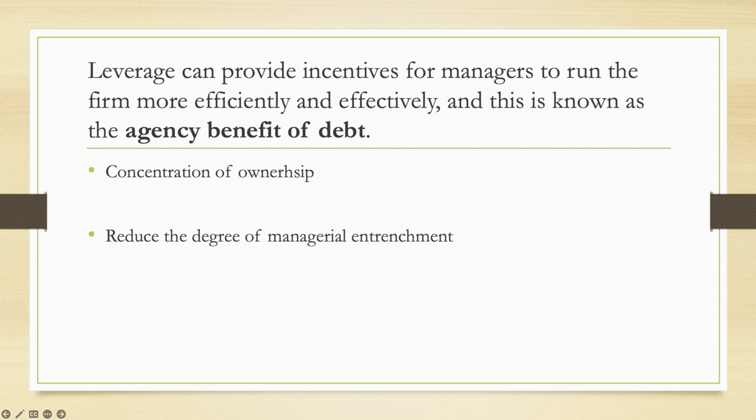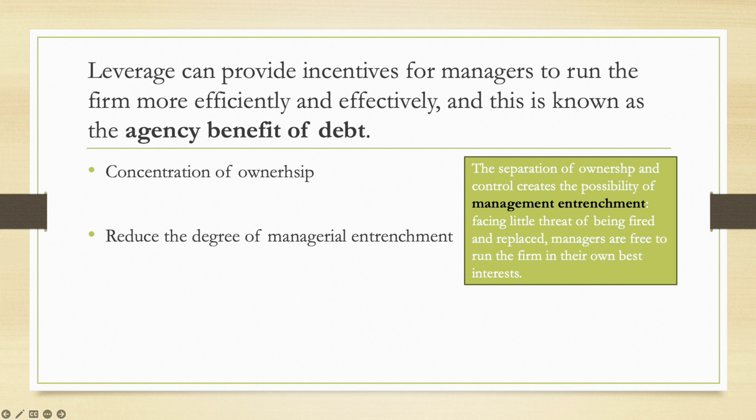Benefit number 2, reduce the degree of managerial entrenchment. What is management entrenchment? It is a byproduct of the separation of ownership and control. It describes a situation when managers face little threat of being fired and replaced, and are free to run the firm in their own best interest.